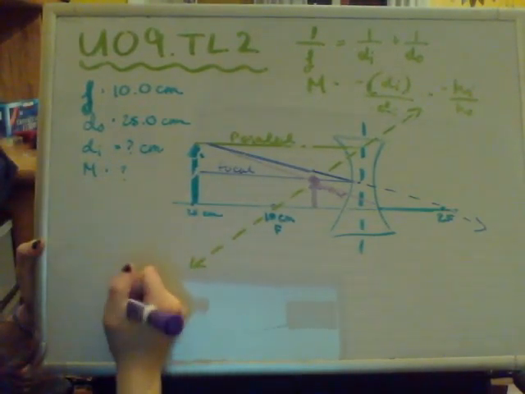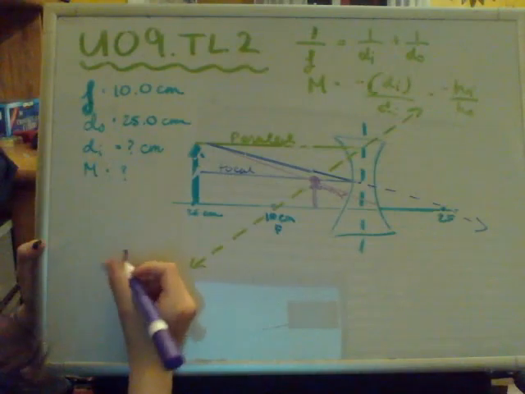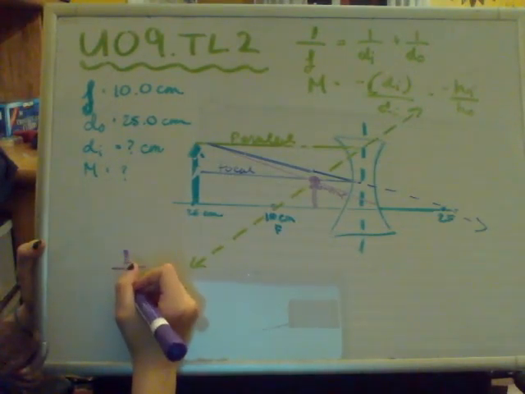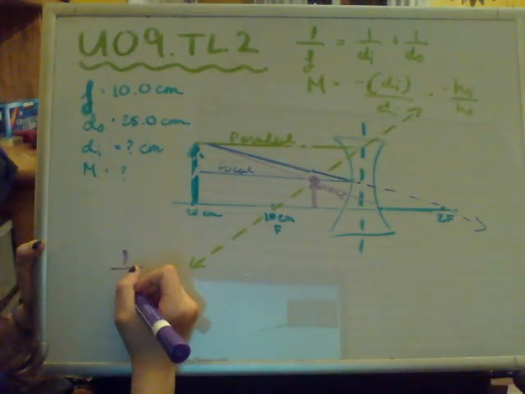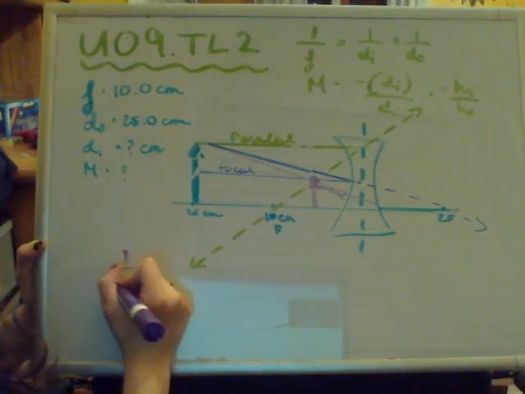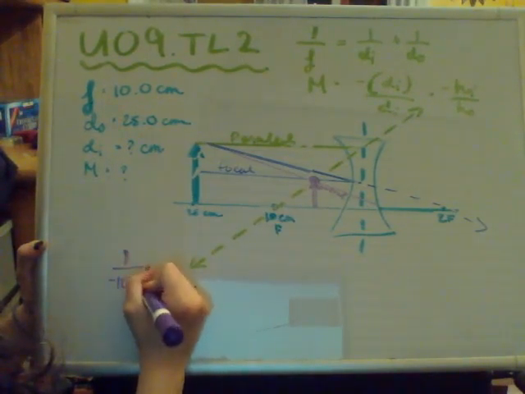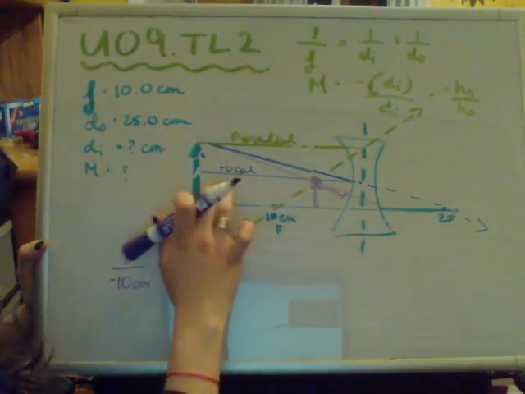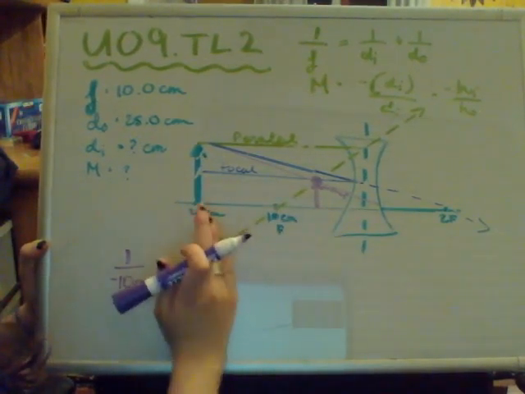So we have 1 over the focal length, which is actually going to be negative 10 centimeters, because it's on this side.